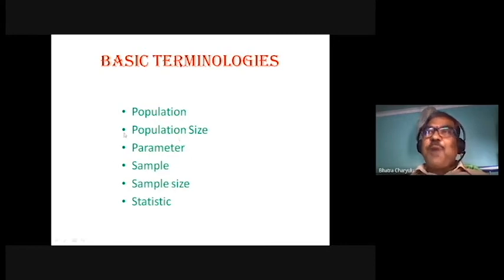So a parameter is a population constant, any value that you have evaluated for the population observations of the variable under study, that comes under the part of the parameter.